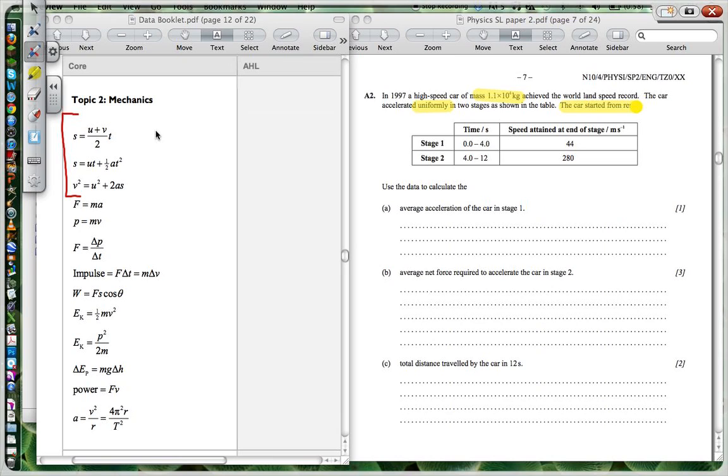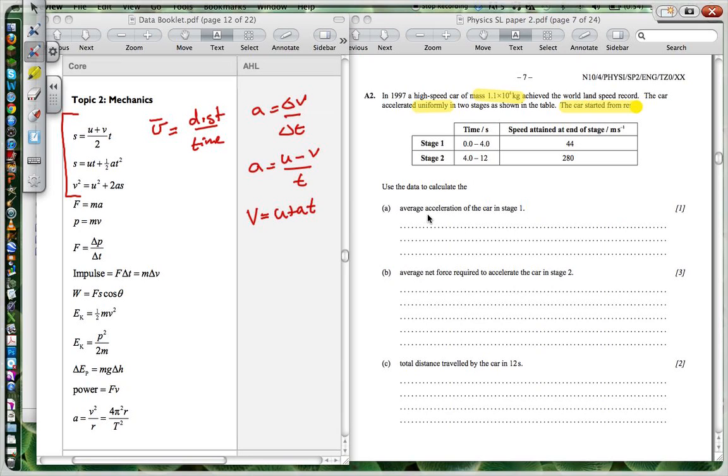Our average velocity is equal to our distance over time, or our displacement over time, depending on what we're looking at. Acceleration obviously is equal to the change in velocity over the change in time, and we can write that as v minus u over t, and we can change that formula around and you can get v is equal to u plus at. That's often an important formula, although we probably won't use it in here.